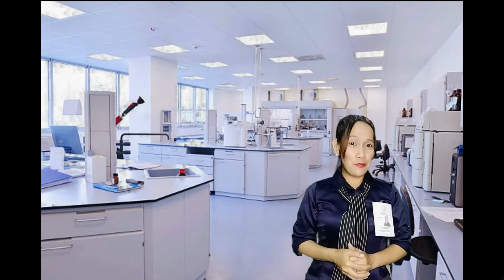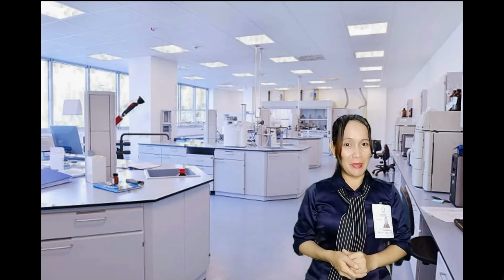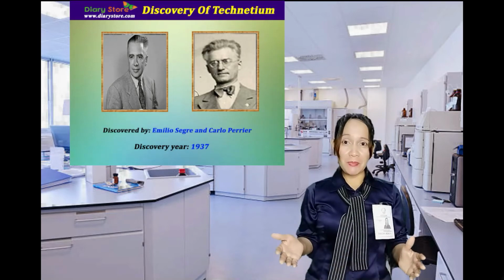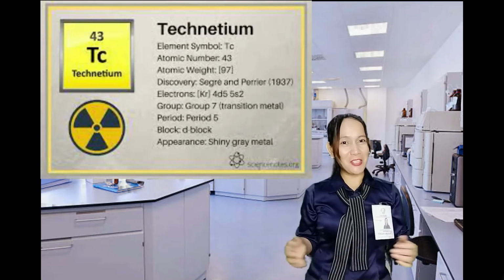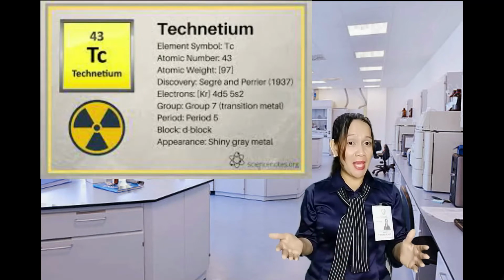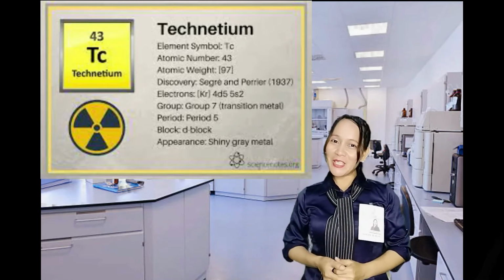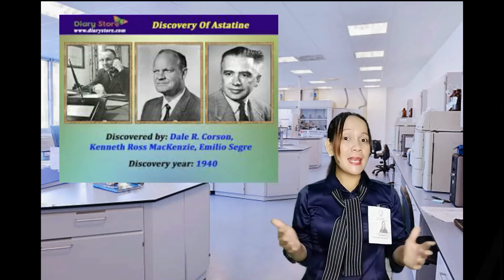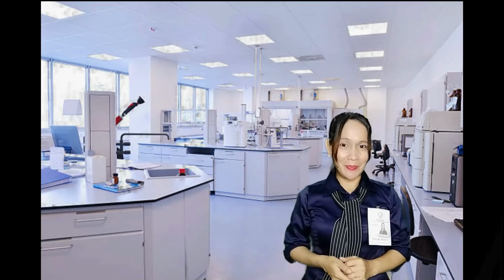Finally, the first man-made element was discovered in 1937 by Perrier and Segre in Italy. Technetium was derived from the Greek word technetos, meaning artificial, because it was made in the laboratory. Then, in 1940, Corson and Emilio Segre synthesized element 85 using a cyclotron.